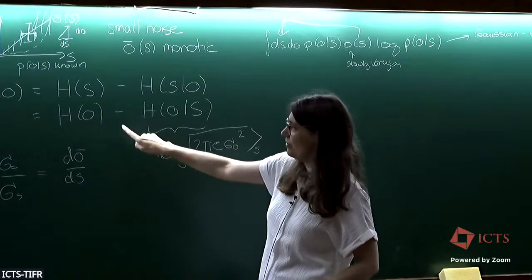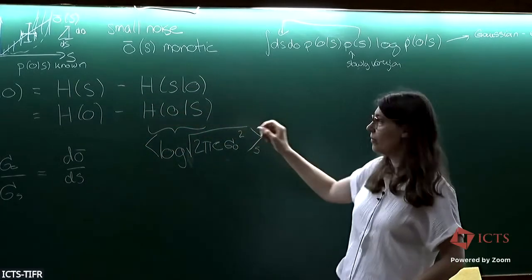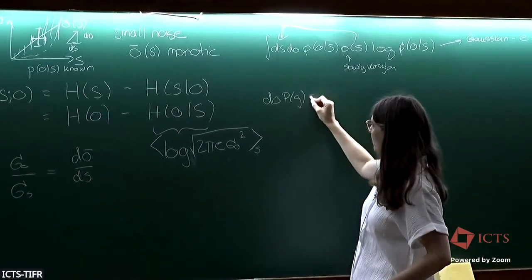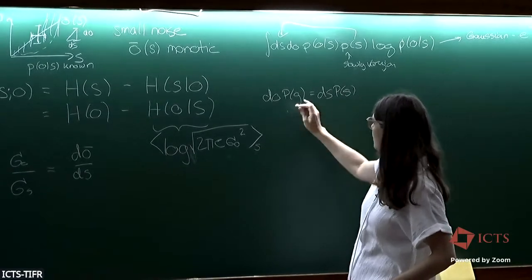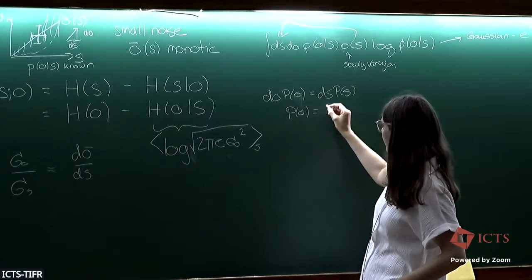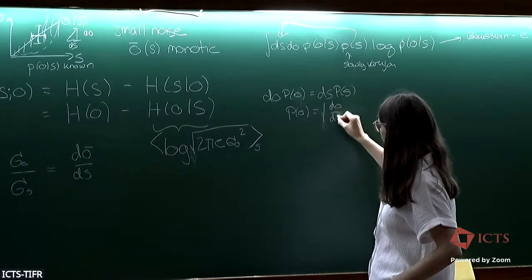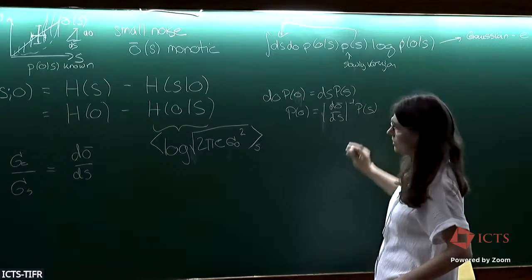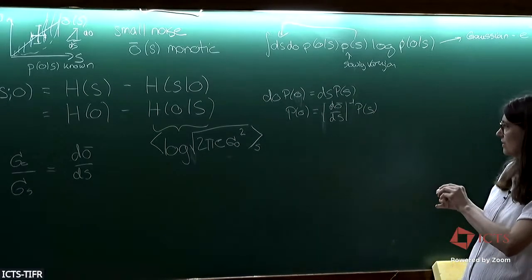If you wanted to start here, you could say, well, I know that for simple probability distributions, you can just do a variable transform like this, and then you get similarly that this is this. So it doesn't matter how you start.